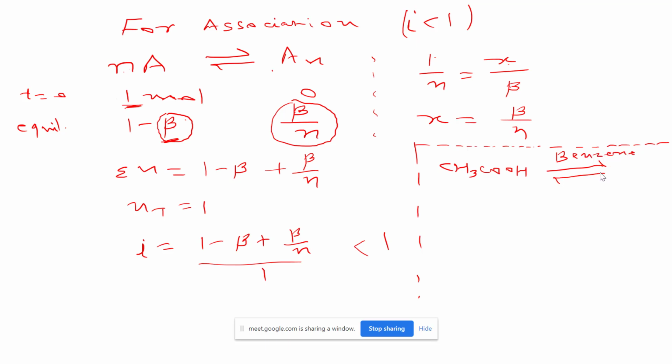Do you know the term polymerization? No, sir. Polymerization means many molecules are added to each other to form a single molecule, we call that a polymer, and this process is polymerization.